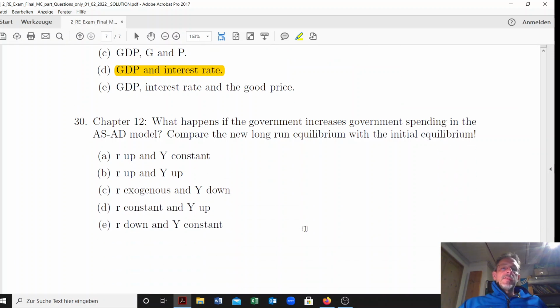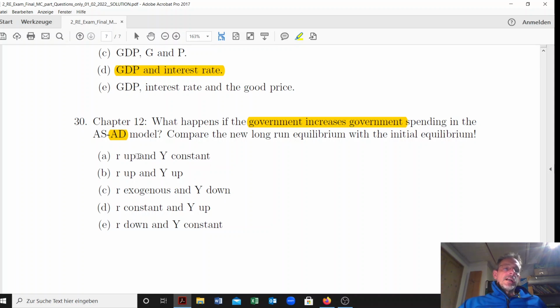Last one. What happens if the government increases government spending in the AS-AD world? Compare the new long-run equilibrium with the initial equilibrium. So we have a demand shock here. Government increases government spending, and demand shocks are always digested in a way that GDP is constant.